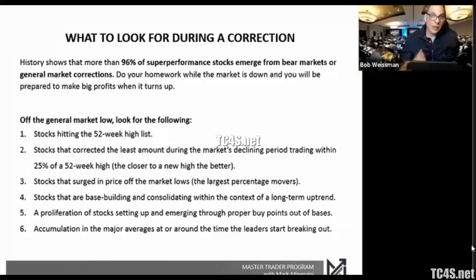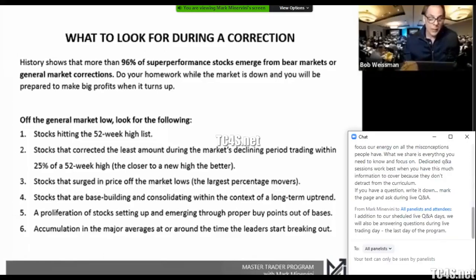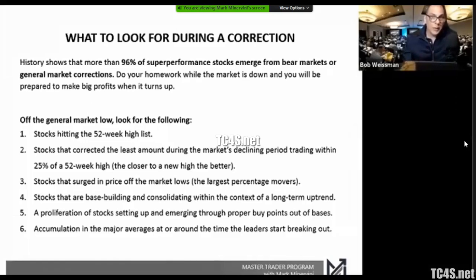And that gives you the confirmation that the market is getting close to a bottom, and that the leading stocks are telling you it's time to buy. And you'll very often also see a follow-through day around this time. You'll see accumulation in the major averages, and some type of follow-through day on the averages like the Nasdaq and the S&P 500 or NYSE.